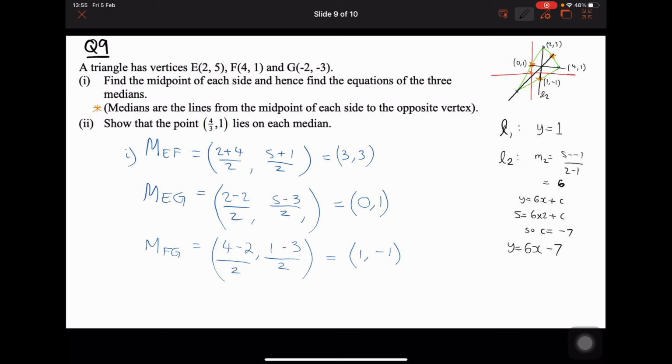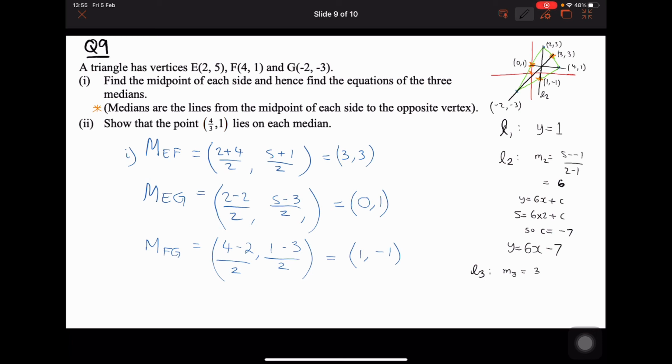Now for L3, we have coordinates 3, 3, and -2, -3. Same method as L2 really. Work out the gradient.